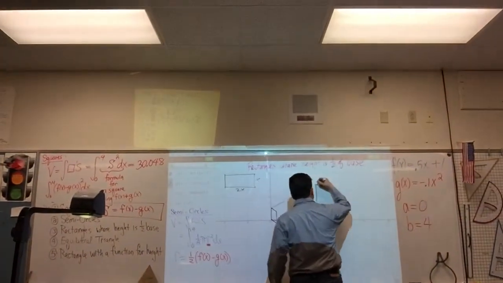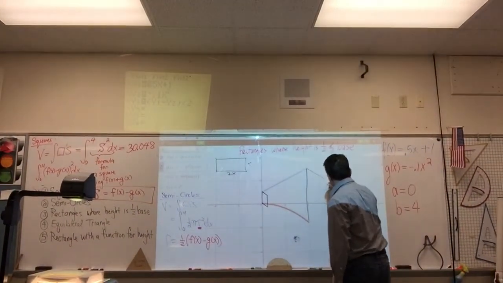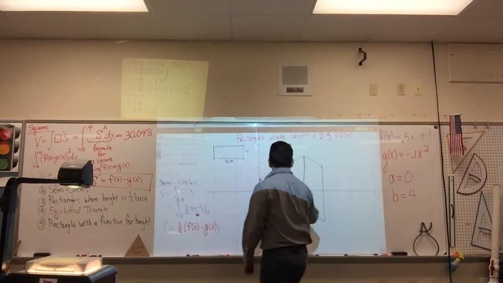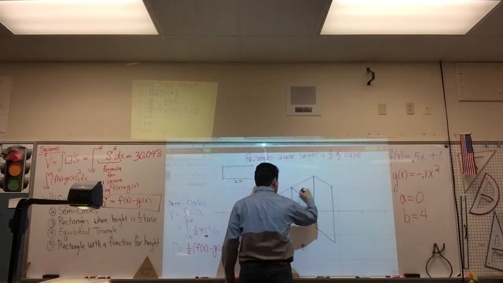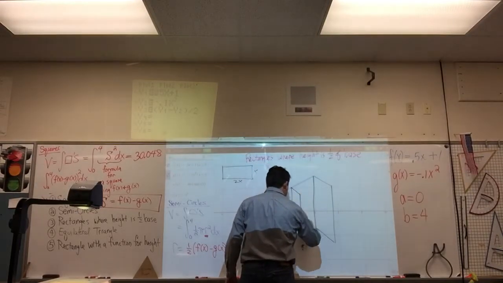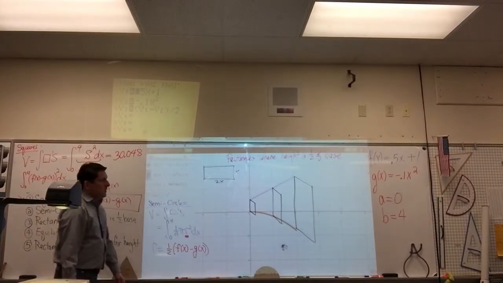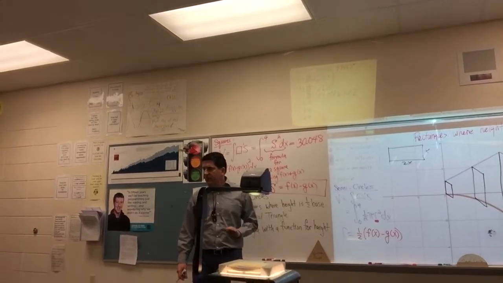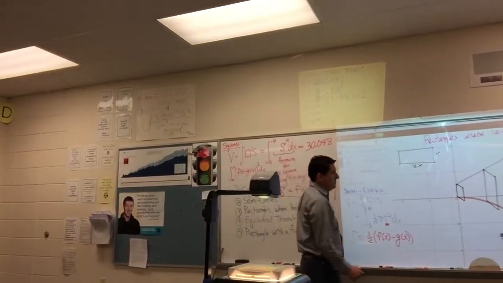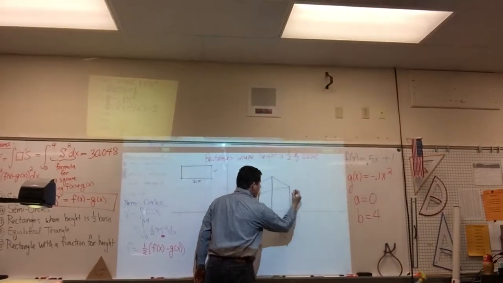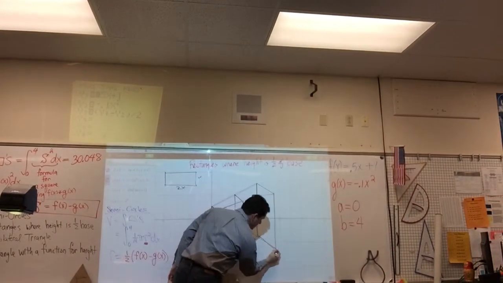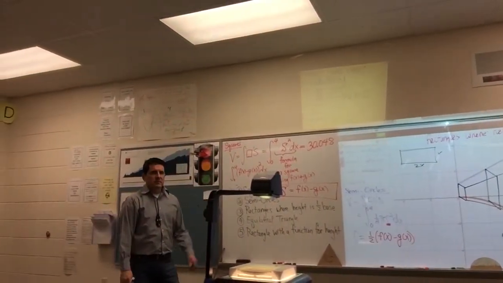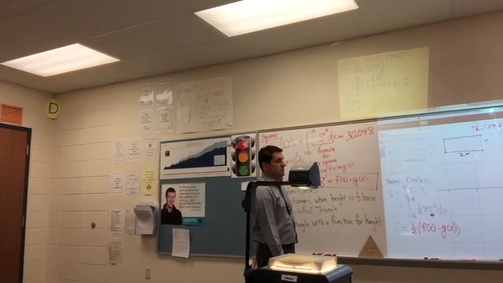All right, so what does this mean? So it's shorter than the square if it were squares. It's flatter, shorter than if you had squares.